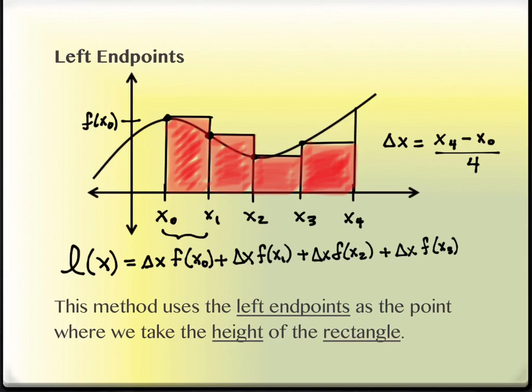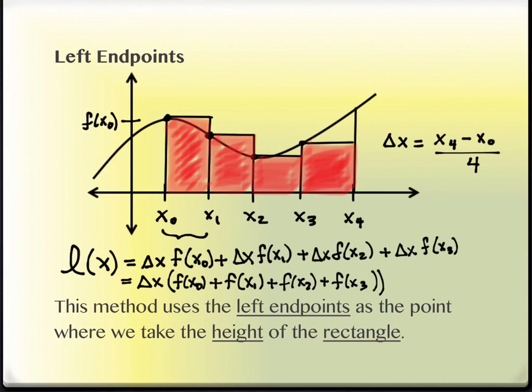But it's also worth noting that each one of these has delta x in it. So it would be a lot simpler, algebraically, to multiply by the delta x after we've simply added all these heights together. So we can add f of x0, f of x1, f of x2, f of x3, and after we add them, we can multiply by the width of the rectangle.